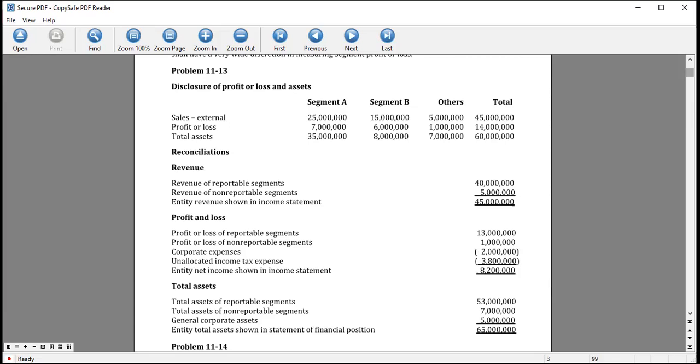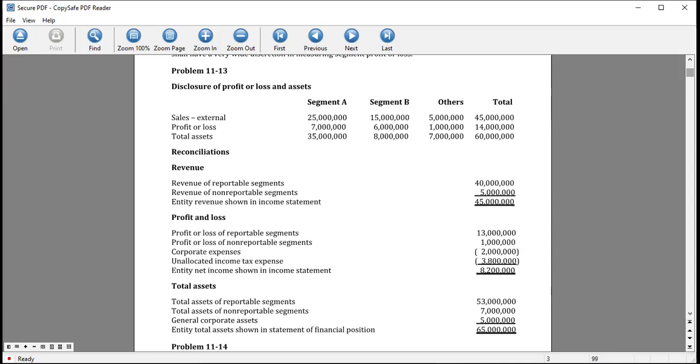And we have above the company had total assets of 65 million at year end and provided the following condensed income statement for the current year. So we have now sales of 45 million, expenses of 33 million.